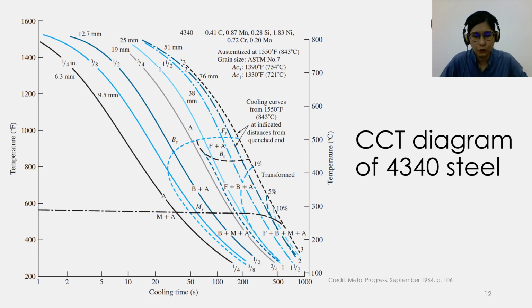We're not going further into this. I just want you to know that with different alloying elements and different weight percentages of carbon, you need to use a different CCT diagram in order to design your continuous cooling transformation or continuous cooling heat treatment process.